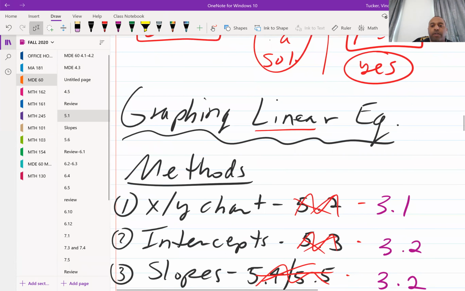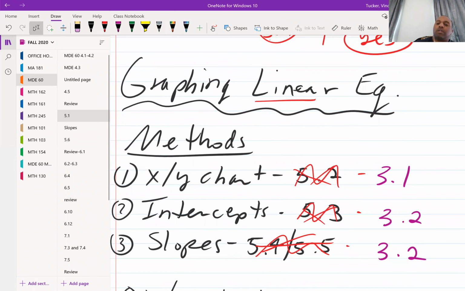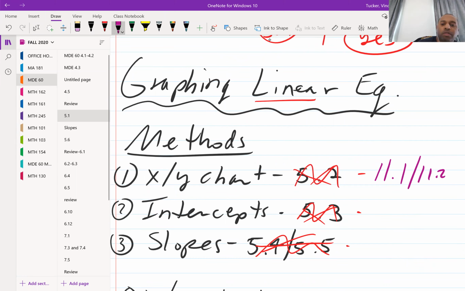So graphing linear equations. Erase this. So for us, 11.1 and 11.2 is there. And if I'm not mistaken, we're doing 2, 3, and 6.